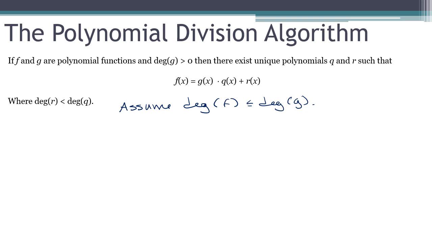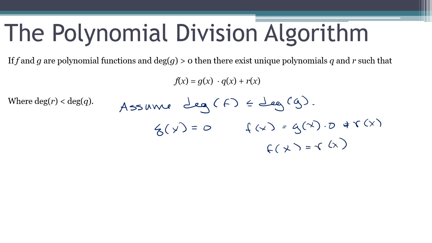For example, f could be 0 or 1, something really small. In this case, the existence of q and r is really kind of trivial. I'm going to take q of x equal to 0. Then that means f of x equals g of x times 0 plus r of x. So f of x is equal to r.